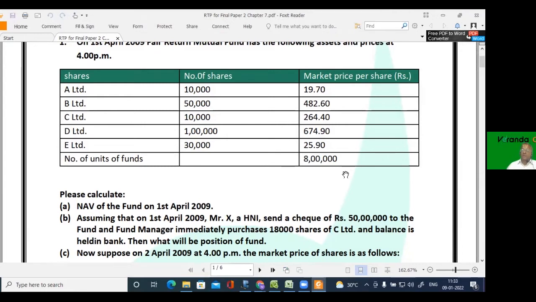Whereas in the mutual funds, units will be bought and sold by the mutual funds from the investors directly. So even where it is carried out through a broker, it will ultimately reach the mutual fund, and the price will be based on NAV only. So NAV is so important in the case of mutual funds.